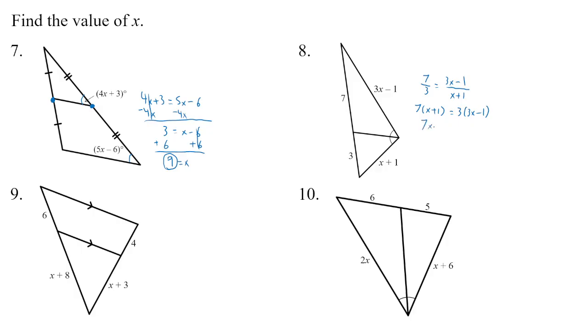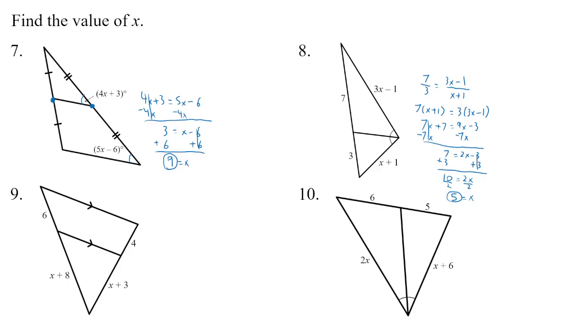We got 7x plus 7 equals 9x minus 3. We subtract 7x from both sides, and you have 7 equals 2x minus 3. We add 3 to both sides, and you have 10 equals 2x. Divide both sides by 2, and we have 5 equals x. Therefore, the solution is 5.